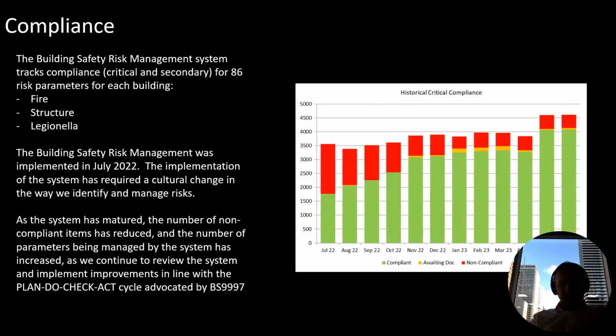So you can see, as compliance improves, there's no such thing as 100% perfect risk management. So we can continue to review that and pick up lessons learned where they're appropriate.